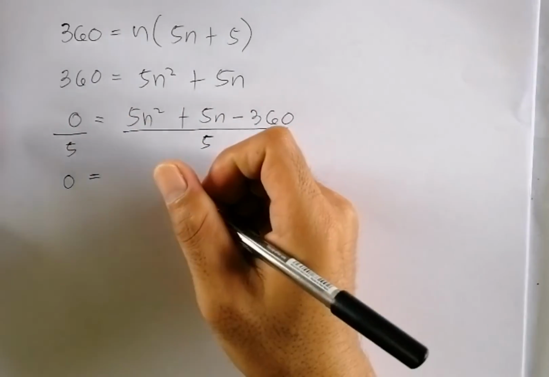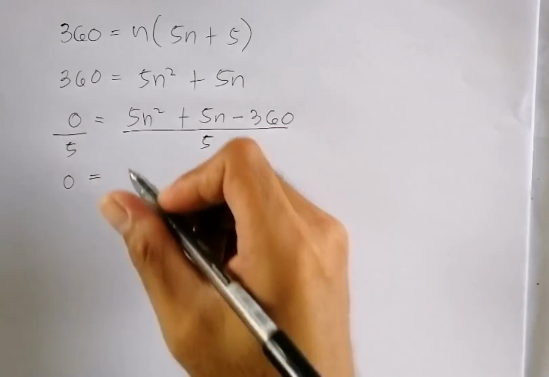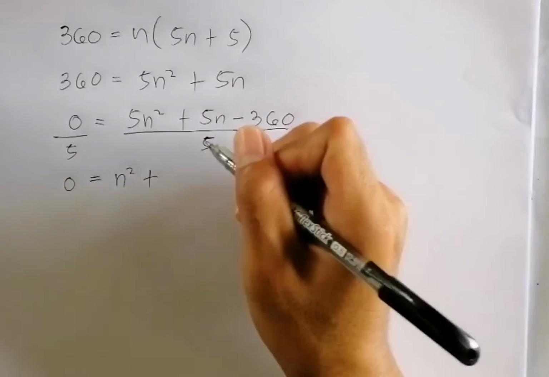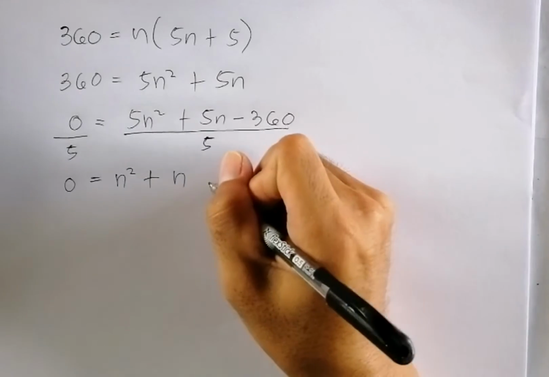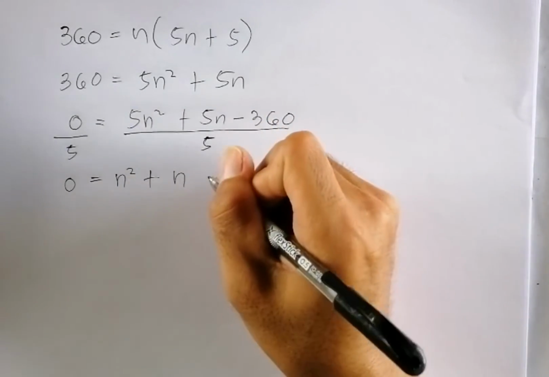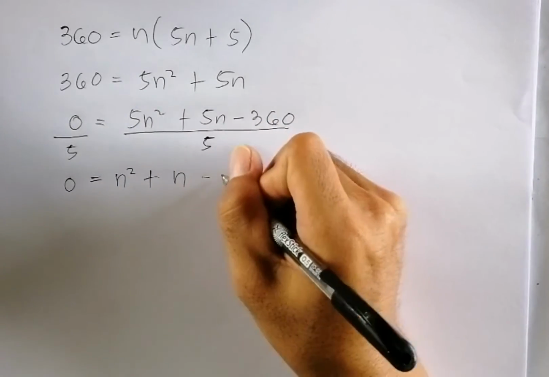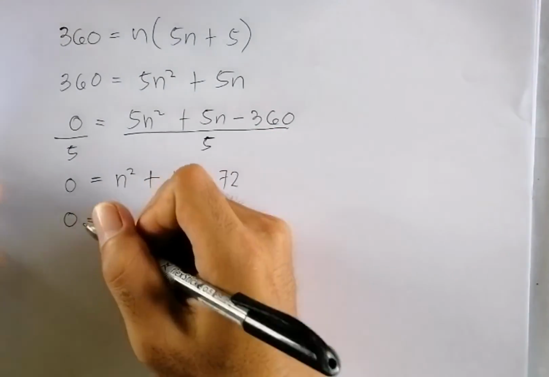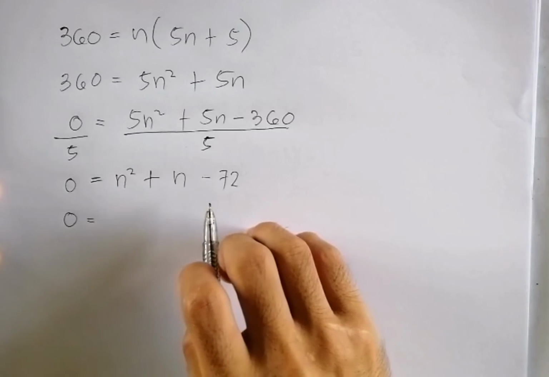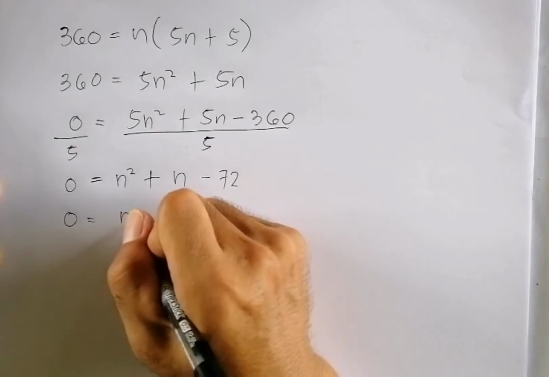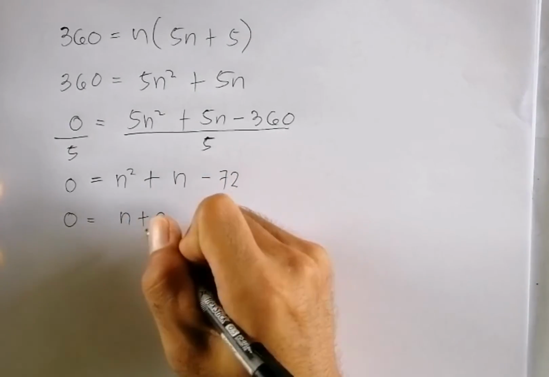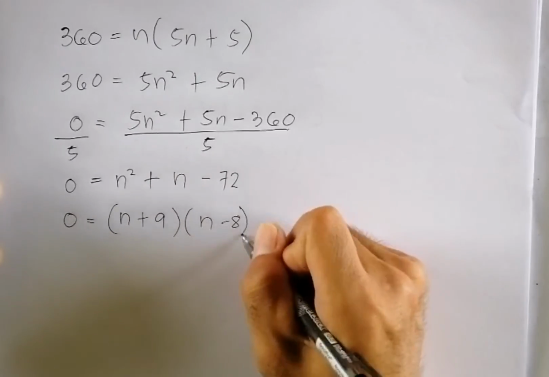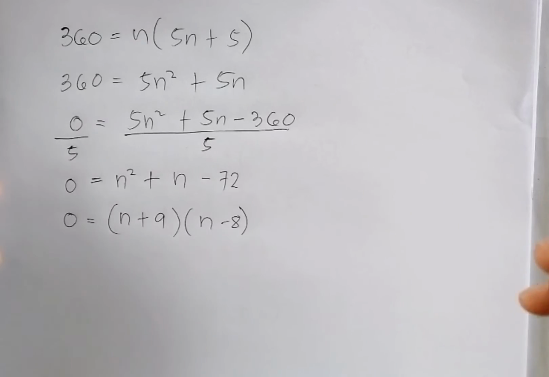So 0 divided by 5 is equal to 0, 5n squared divided by 5 is n squared, 5n divided by 5 is n, and 360 divided by 5 is 72. So find the factor of n squared plus n minus 72, and that is n plus 9 times the quantity of n minus 8.